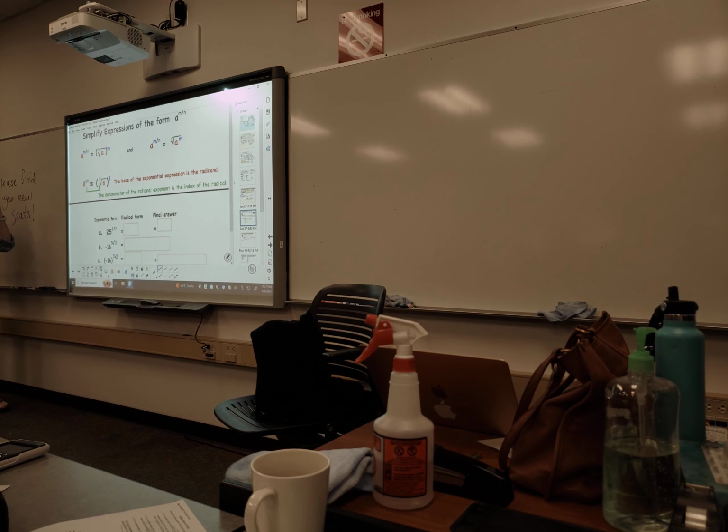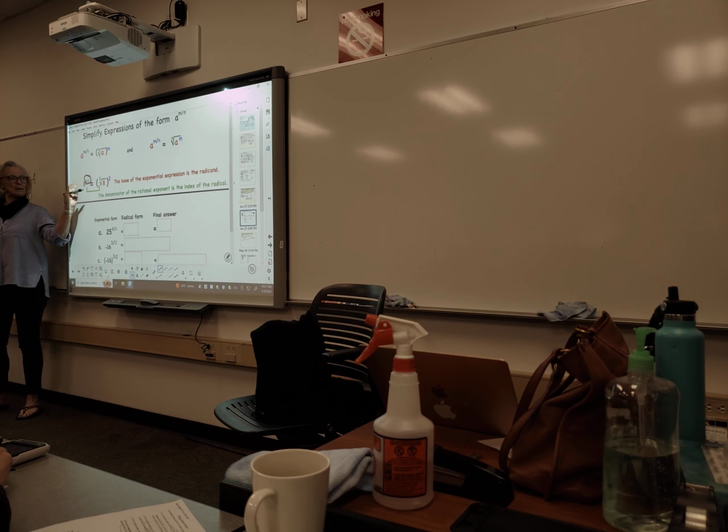Okay. Next part, we're gonna get a little bit harder with our rational exponents. What's a rational exponent? Look up here. Do you see this little fraction up here? The base is 8, and the exponent is 2/3, not a 1/3. It's got a numerator that's not a 1. How do I write that using a radical? I put the 8 underneath.